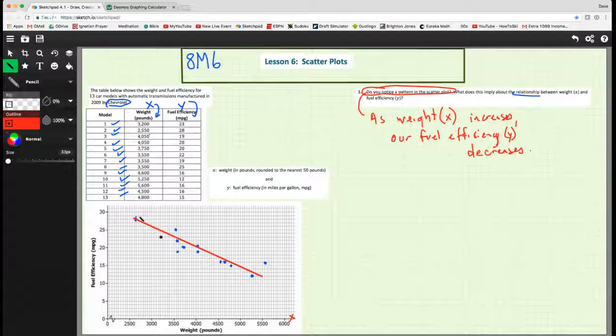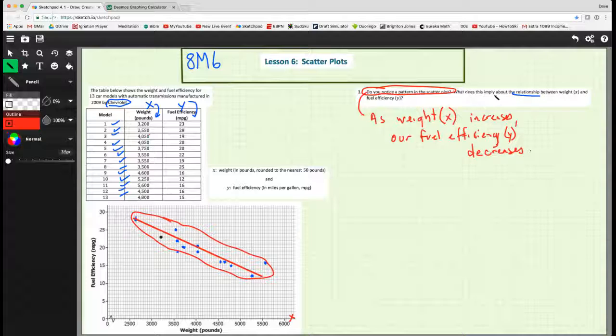Okay? That's the pattern. You can kind of circle all the points like this, and then you can draw a line down the middle of it.